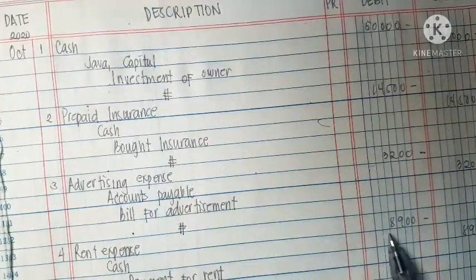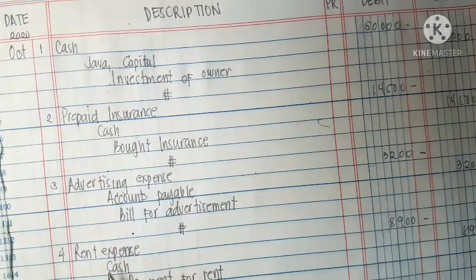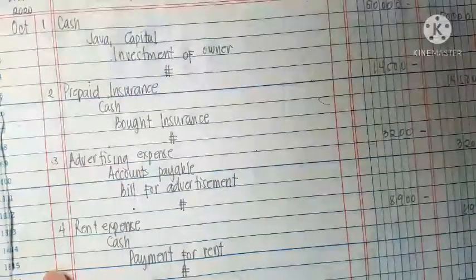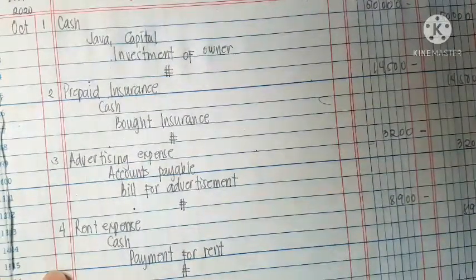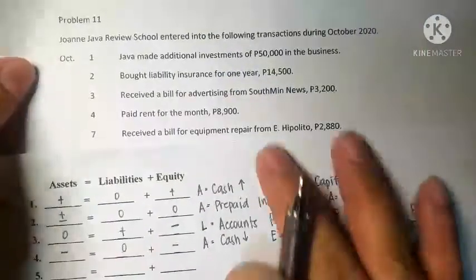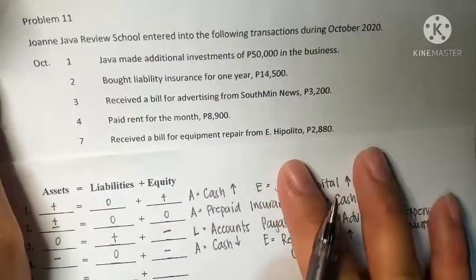So we debit rent expense for 8,900, and a corresponding decrease in asset, particularly cash. So we credit cash for 8,900. Explanation: payment for rent.